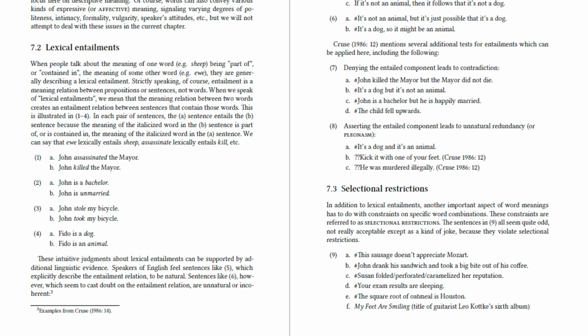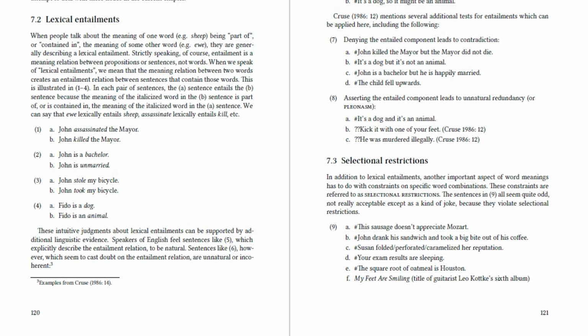So let's continue. We have another topic, selectional restrictions. When we talk about entailment, there is restriction. These restrictions, what do they mean? It means everything looks strange except one thing. That's the way, like the sausage doesn't appreciate moderate.